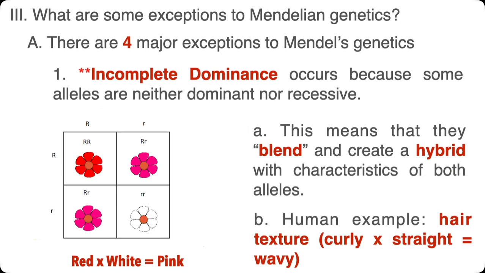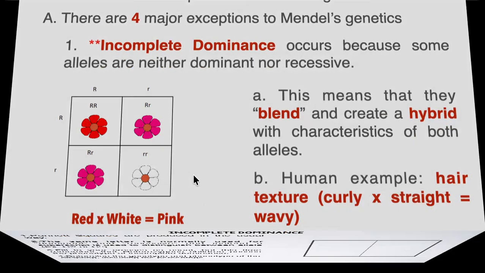If you have curly hair and the other parent has straight hair, when you combine them together, you get a mix where it's wavy. Similar to this, it could be a 25% chance your child has curly hair, 25% chance your child has straight hair, and a 50% chance your child has wavy hair. It just depends on the alleles that both parents possess.